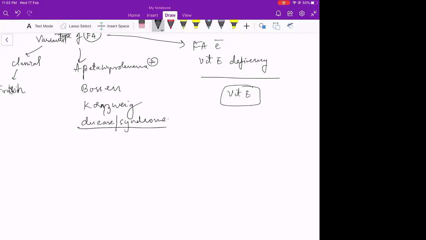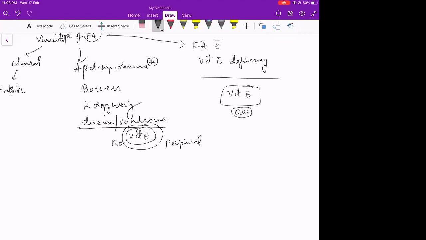Vitamin E is a reactive oxygen species scavenger. So here the vitamin E will be affected, meaning the patient will not have vitamin E in the peripheral tissues, because there is a problem in the transport.